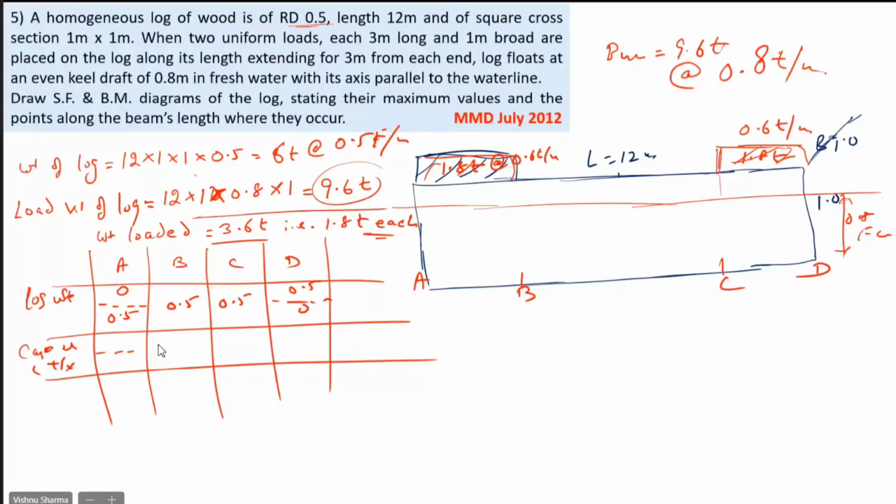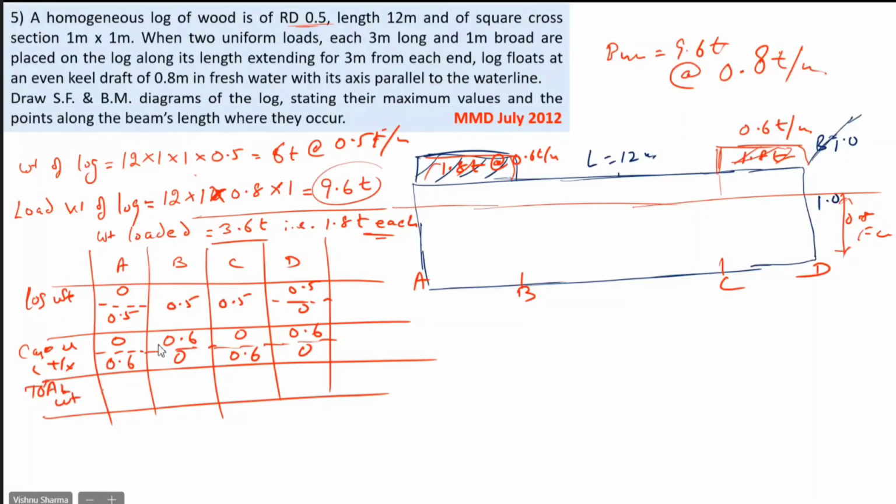At A, it has to be divided. At B, it has to be divided. At C, it has to be divided. At D, it has to be divided. At A, it is 0 to 0.6, then 0.6 to 0, 0 to 0.6, 0.6 to 0. This becomes total weight.